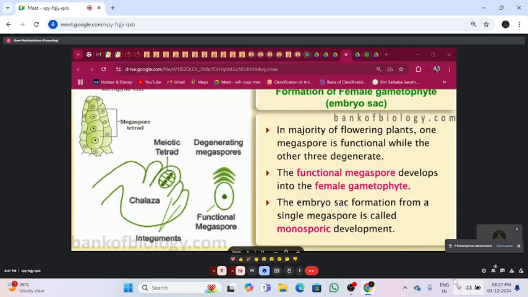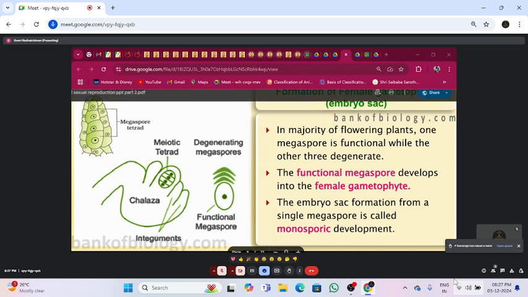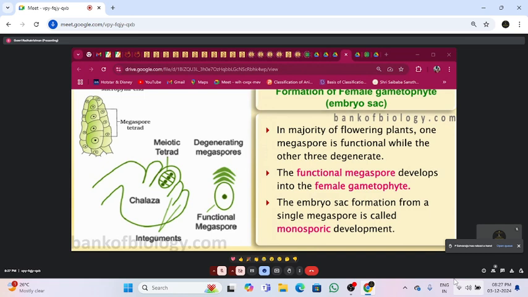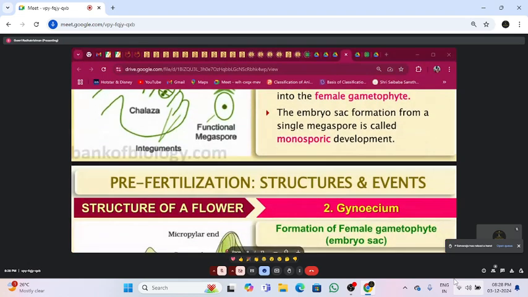In the majority of flowering plants, one megaspore is functional while the other 3 degenerate. The functional megaspore develops into the female gametophyte. So the embryo sac formation from a single megaspore is called monosporic development.